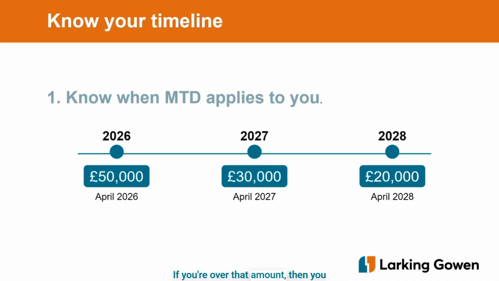If you're over that amount, then you will be in the regime from April 26, and then 30,000 for property and self-employment income based on your 25-26 tax return. If that's over 30,000, then you're in from April 27, and it drops down to 20,000 on your 26-27 tax return, which means you're mandated into MTD from April 28.